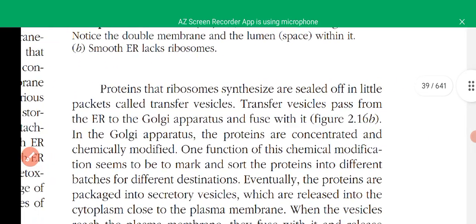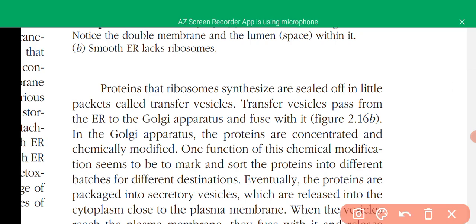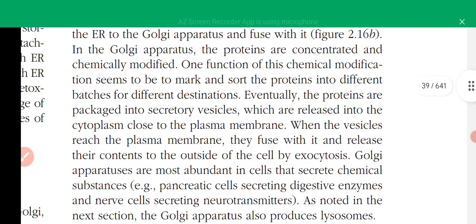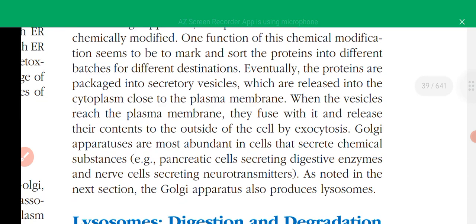Proteins that ribosomes synthesize are sealed off in a little package. We already know that they are transferred to the plasma membrane, and through the plasma membrane they move out of the cell by the process of exocytosis. We have discussed already how exocytosis takes place, and how cell membrane is added during exocytosis. The Golgi apparatus also helps in the formation of lysosomes.